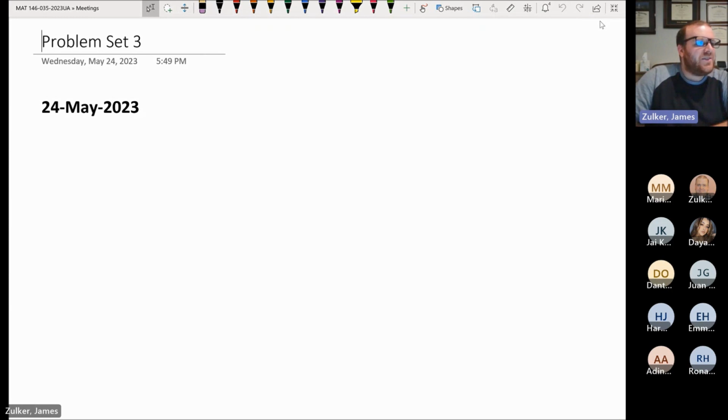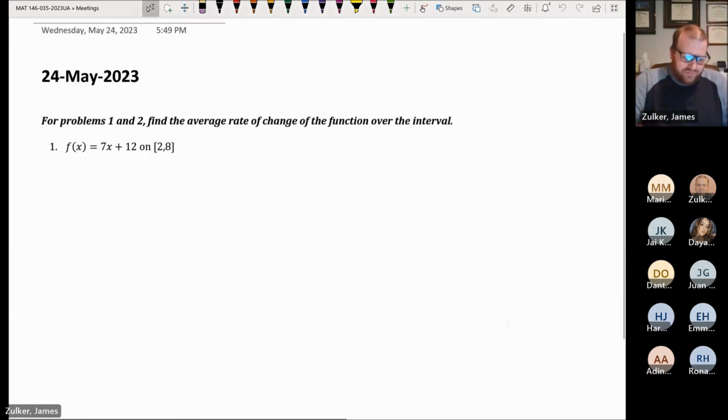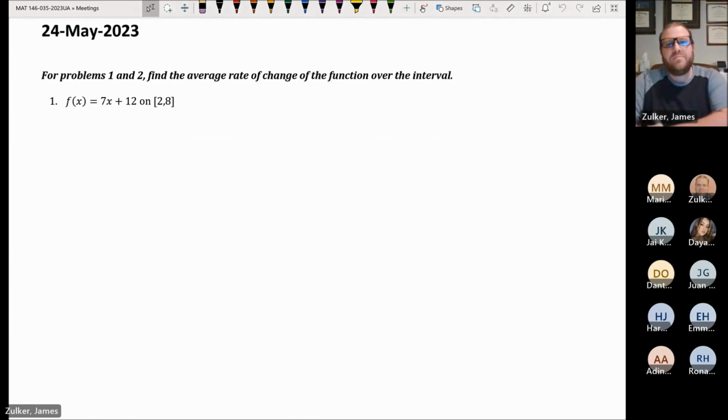Looking at behavior of functions. We also look at average rate of change.